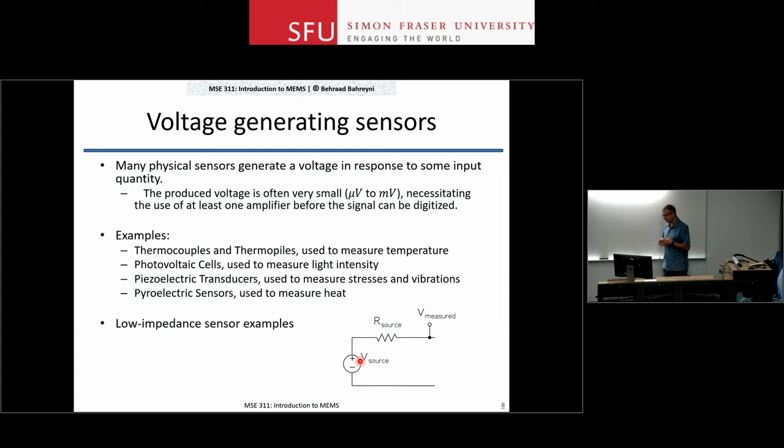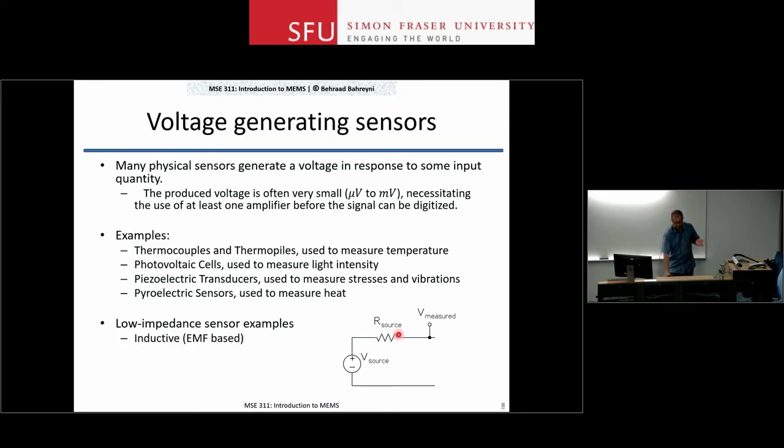In most cases, as we said, we want to eliminate the effect of this R source in your measurements. If you're lucky, you will have a sensor with a low output impedance, meaning that because of the physics of the device, this R source is already small.